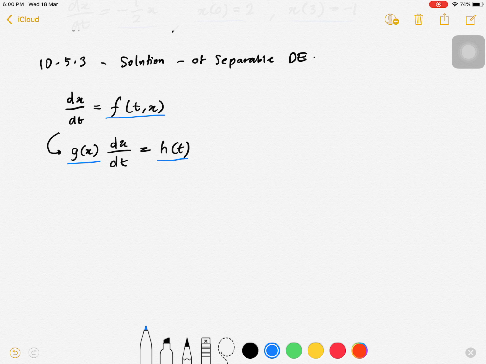So when we can rearrange the f function into this kind of form, it shows that the equation is a separable equation.